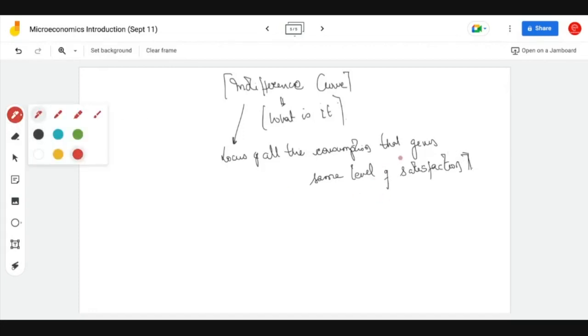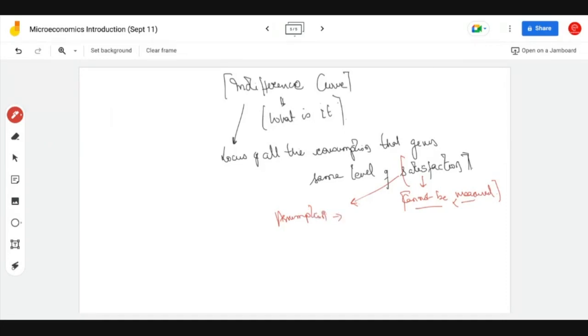Under microeconomics, in the real world, we cannot measure satisfaction. In the real world it cannot be measured, but under microeconomics we make assumptions. We assume we can measure, and second, we can also compare satisfaction.